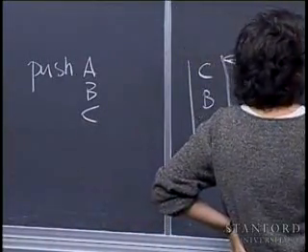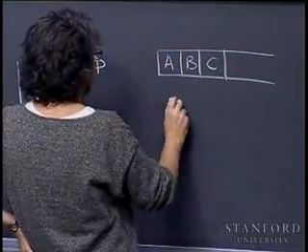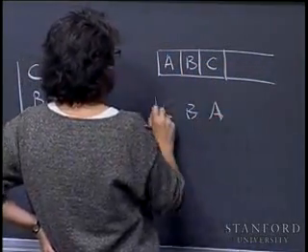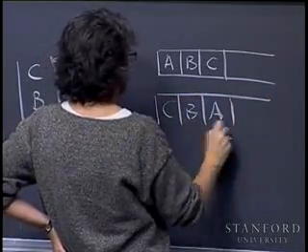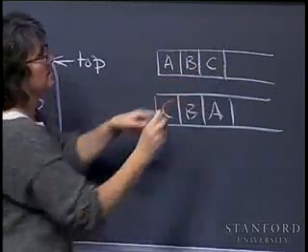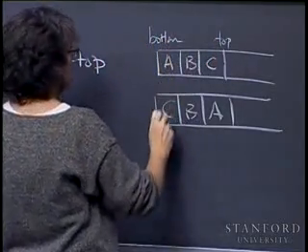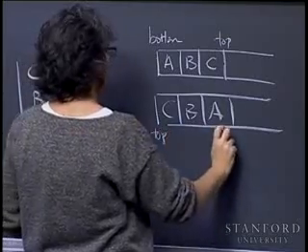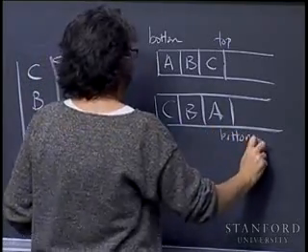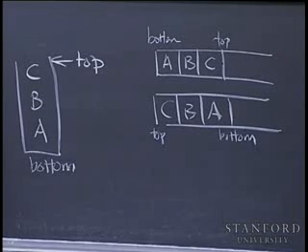It seems like the two obvious ways to do this would be to put them this way, A, B, C, or to put them this way. So this would be the top of the stack over here, the bottom of the stack over there, and then down here it's inverted. This is the top of the stack. This is the bottom of the stack. Okay, they seem symmetric, right? At the very least. But one of those is a lot better for performance reasons.